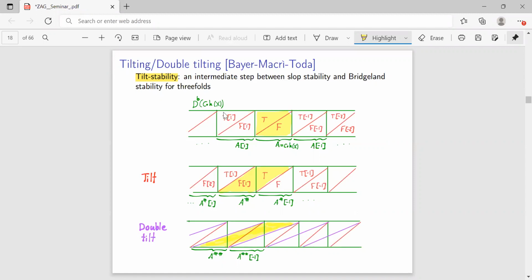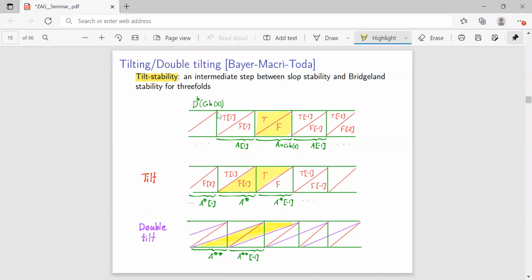First, if you think of the derived category as this strip, and you think of this abelian category of coherent sheaves inside it as this block here, which consists of this T and F, then you have all the shifts of T and F here, or all the shifts of this A here, which covers this derived category.